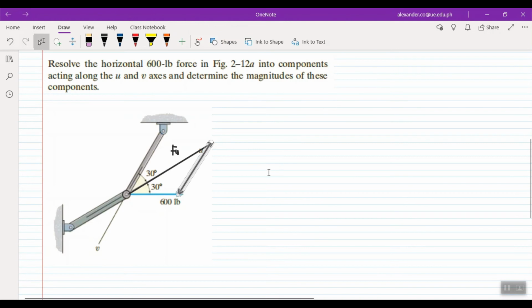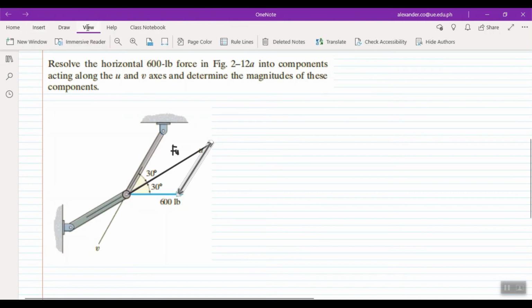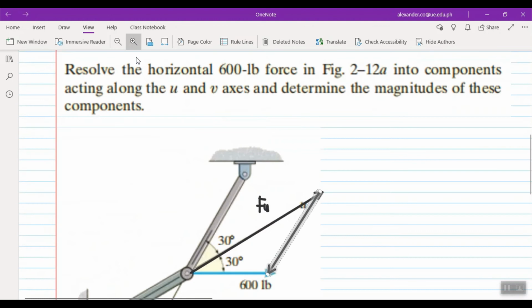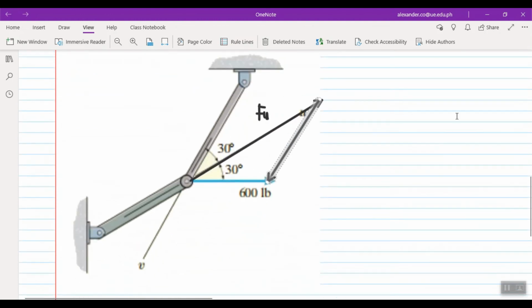Given ngayon yung resultant, di ba? So, parang parehas lang. Malakihan lang natin. Ayan. Okay? So, ngayon, what will be the value of FU and FV? So, this one now is FV. Ito ngayon yung FR equal to 600. Okay, so, given na.